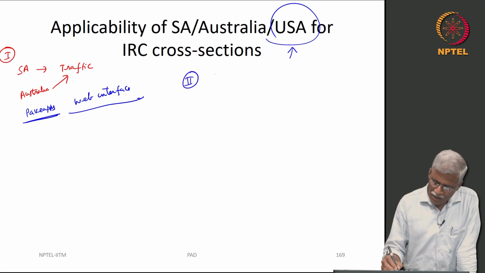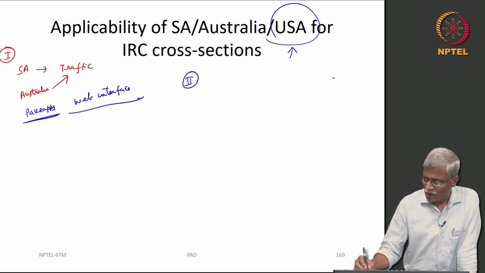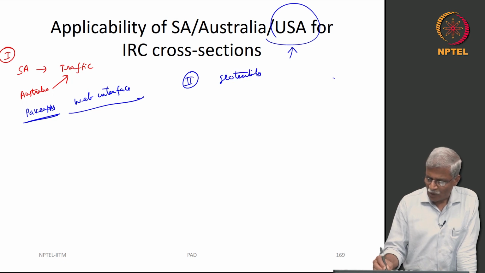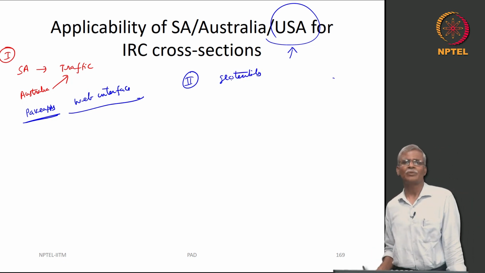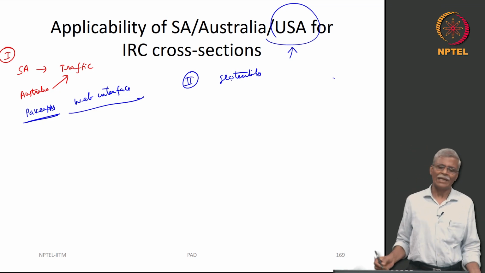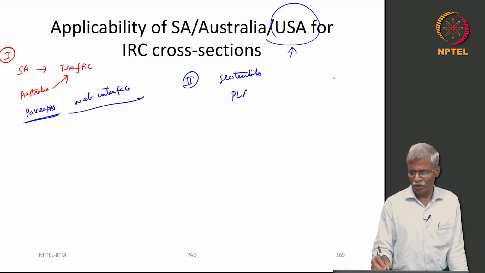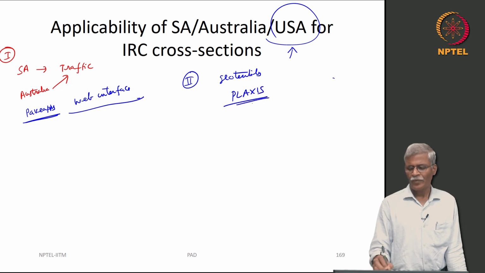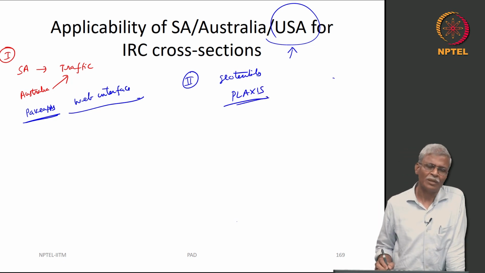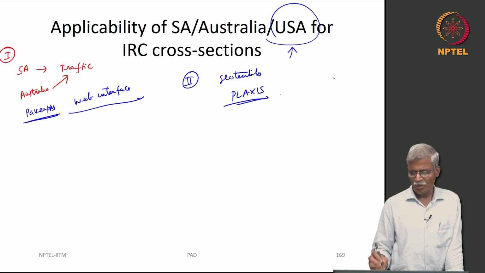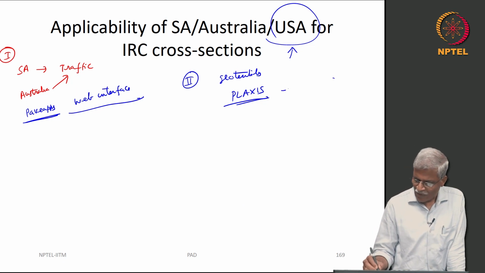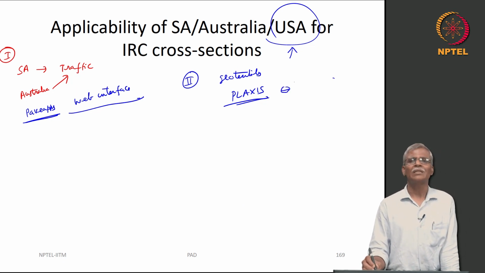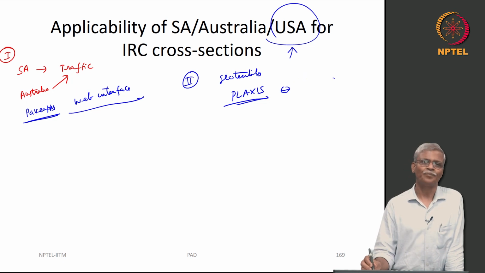Then if you really want to have any of this geotextile grids, so let us say you want to talk in terms of reflective cracking and all those things, you cannot use any of the existing IITPave or KenPave or anything like that. You may have to use some of these things like Plaxis, where this glass grid will be introduced as a new element.